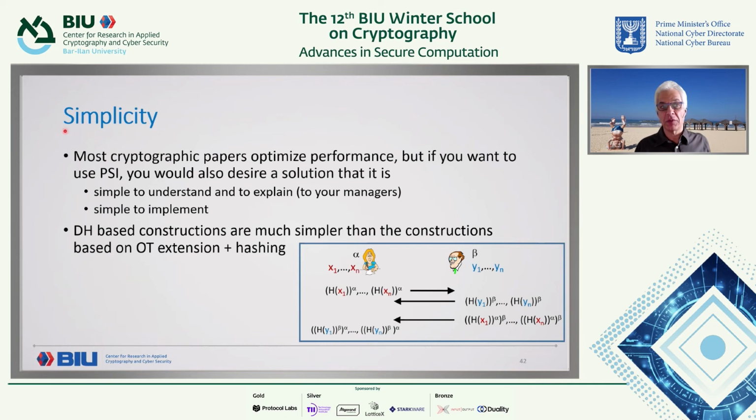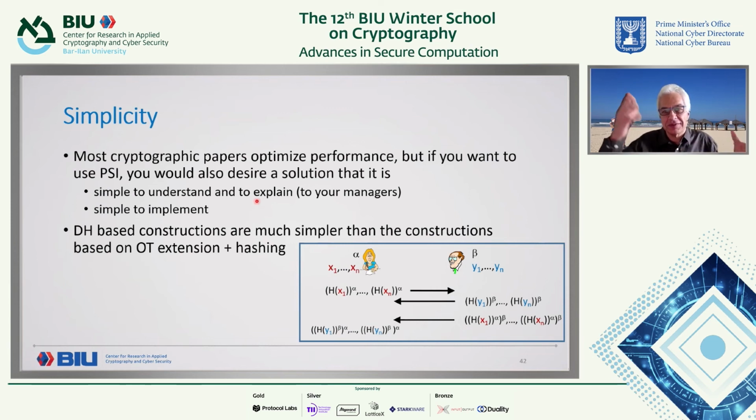Simplicity. This is something which is not described in papers. In papers, actually, many times you want techniques which are very cool and interesting, and we want to optimize performance. If you really want to build it, you want a simple solution. First of all, for you to understand, for you to implement, and this Diffie-Hellman-based solution is extremely simple, and also to explain this to your managers or customers.